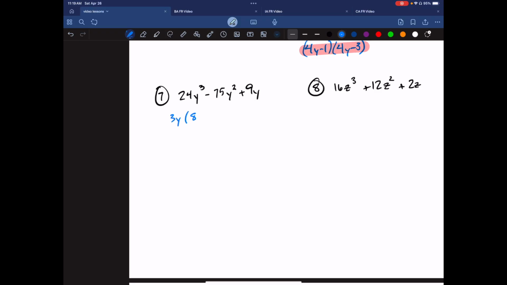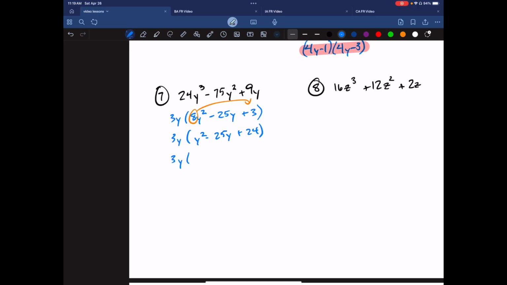So it's going to be 8y squared minus 25y plus 3. Well, can't take out any more, but I was able to take that out, and now I can simplify. I can do the AC method starting here. And that's going to be 3y squared minus 25y plus 24.